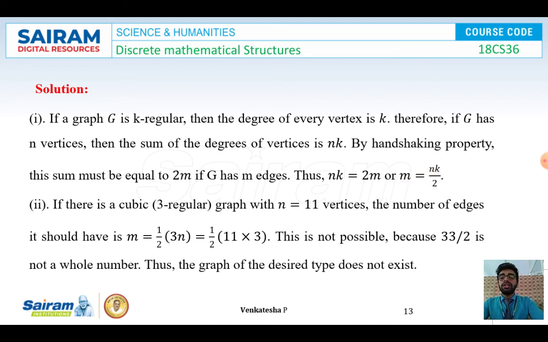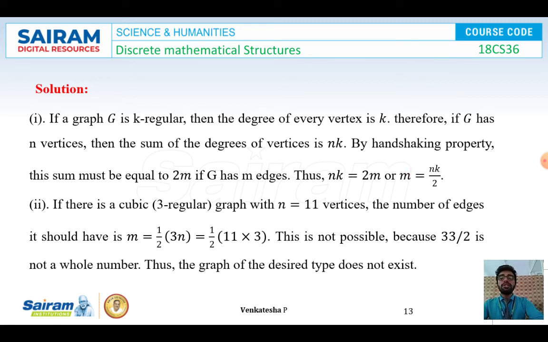The next condition is a cubic or 3 regular graph, so the value of k is equal to 3 with n is equal to 11 vertices. Now I'll replace k is equal to 3 and n is equal to 11 in this formula to find the number of edges.